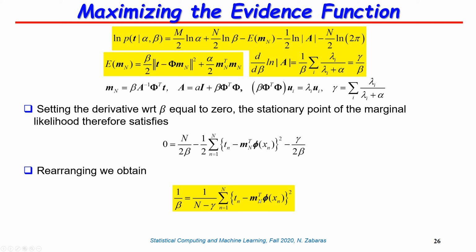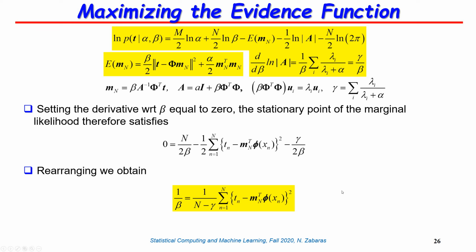So you get 1 over N times the summation of these squared errors. Now what we get is 1 over (N minus gamma). If you remember, for the Gaussian, the sample variance is a biased estimator of the true variance, and the way that you correct that bias in the MLE estimate is to use 1 over (N minus 1) times these squared errors.